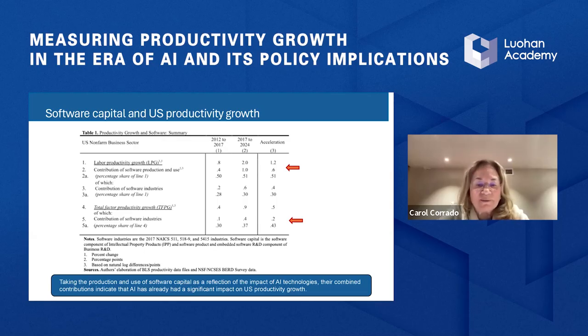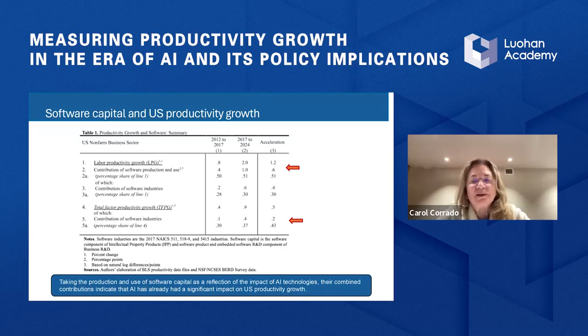Again, somebody may think I'm pushing that, but I think you can't conclude anything other than that AI has had a significant impact on U.S. productivity growth in recent years. So that's really the first part, the main historical, backward-looking results in our paper.